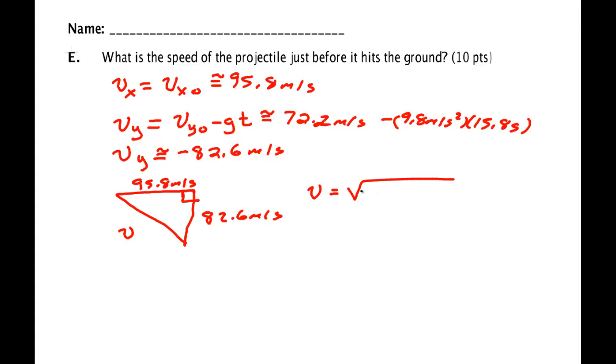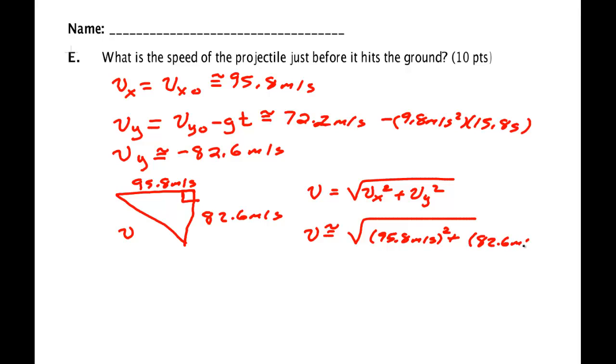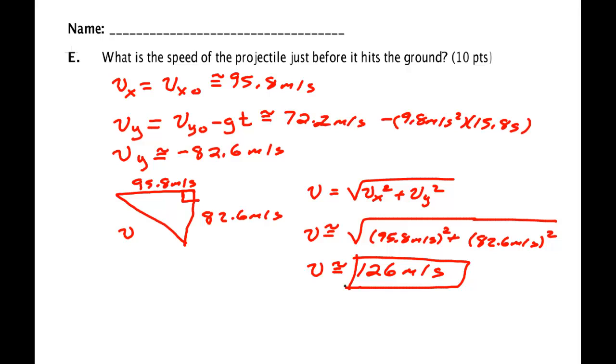V is the square root of the x component squared plus the y component squared, so v is approximately the square root of 95.8 meters per second squared plus 82.6 meters per second squared. So the velocity is approximately 126 meters per second. Or I should say the speed, the magnitude. And that finishes problem 11.